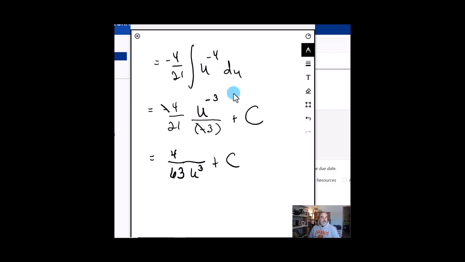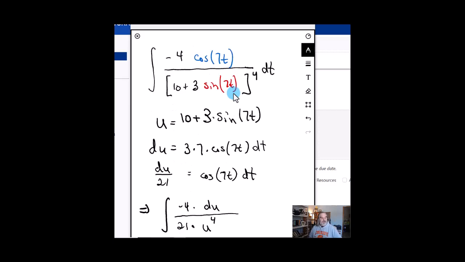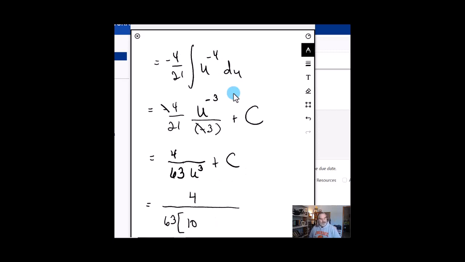We have to remember what our substitution was. This will be 4 over 63 times, remember our substitution was u equals 10 plus 3 sine 7t, all of that cubed plus c. Okay.